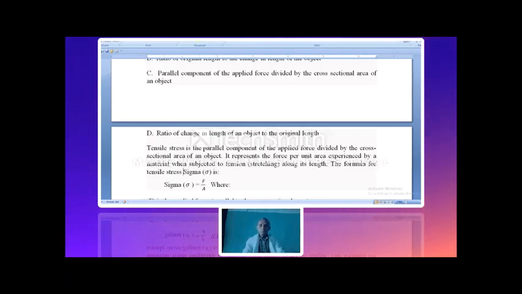When interpreting the meaning of this idea, tensile stress is the parallel component of the applied force divided by the cross-sectional area of an object. It represents the force per unit area experienced by the material when the object is under tension or stretched along its length. The formula for tensile stress is represented by sigma.